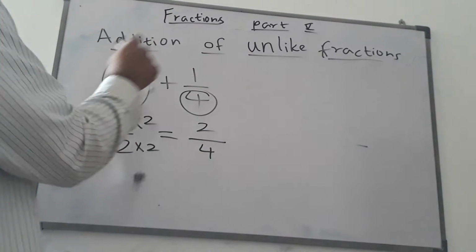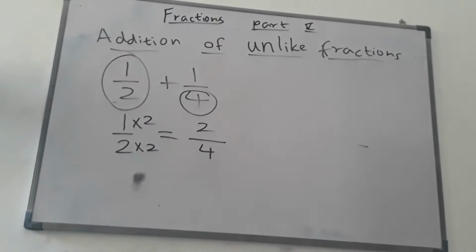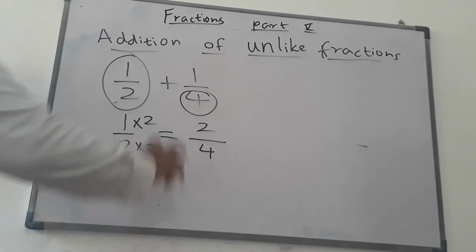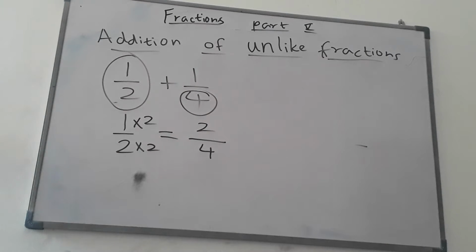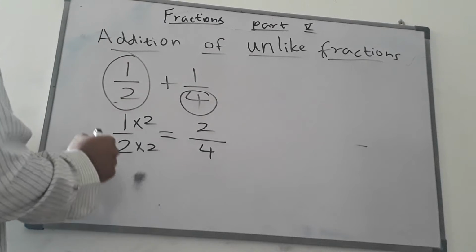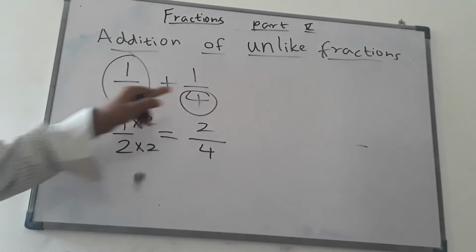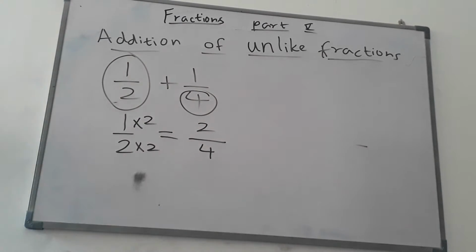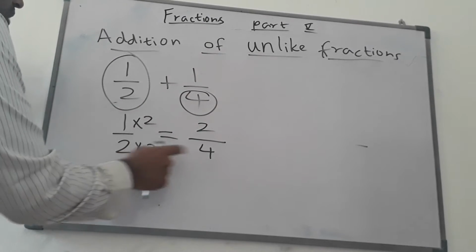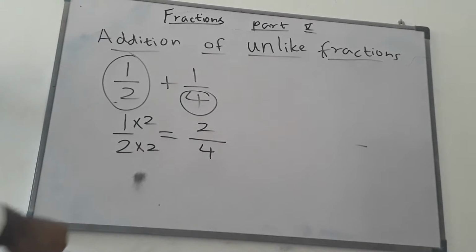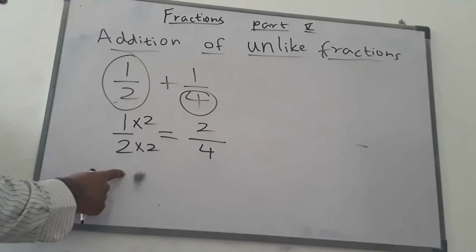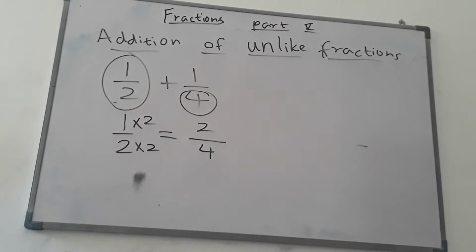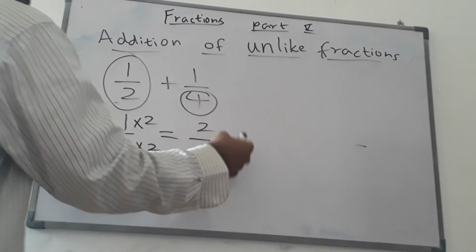When we are to add half and quarter, we have to find the common denominator. So we make 2 a 4 here, because 4 is a multiple of 2. I multiply the denominator by 2, hence it becomes 4, and the numerator also has to be multiplied by 2, hence it is 2 out of 4.